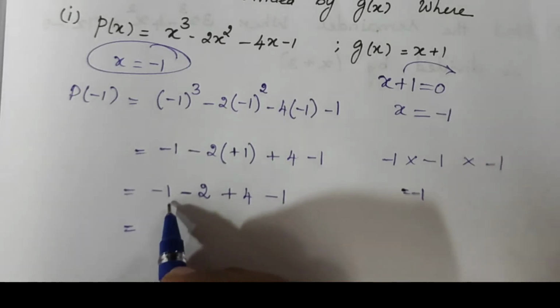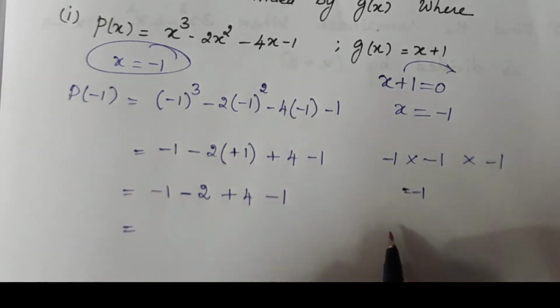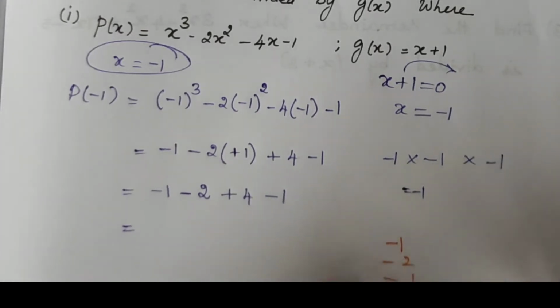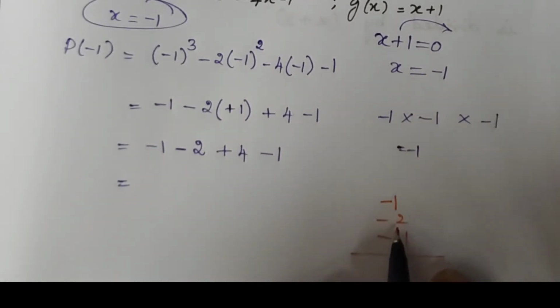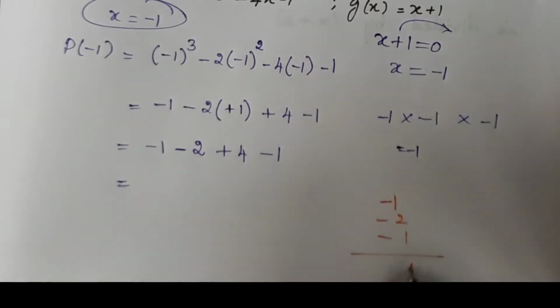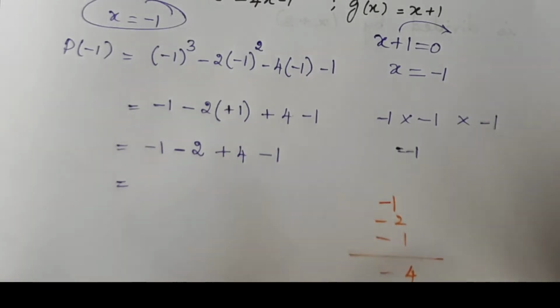So minus 1 minus 2 minus 1. You add all these negative numbers. Okay, so 1 plus 2 is 3, 3 plus 1 is 4, and minus into minus is plus, plus into minus is minus, so you'll get minus 4.